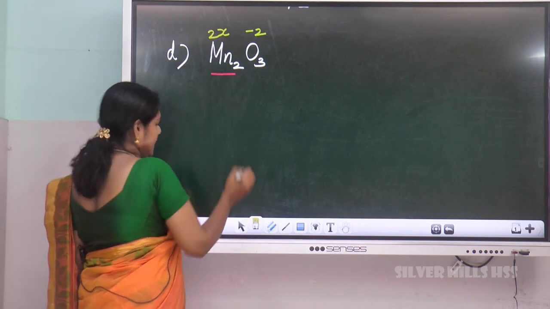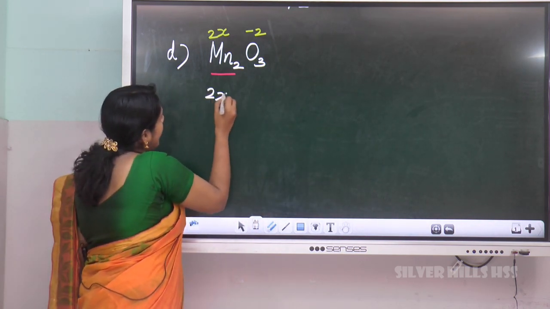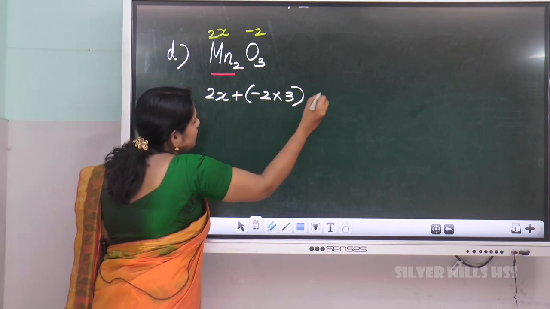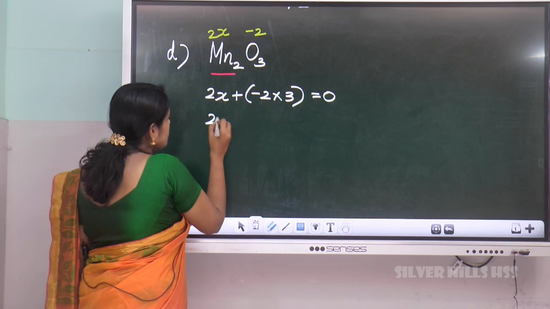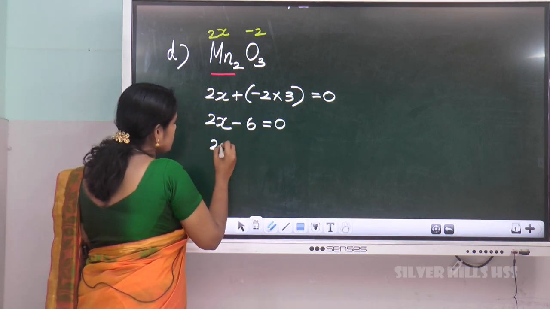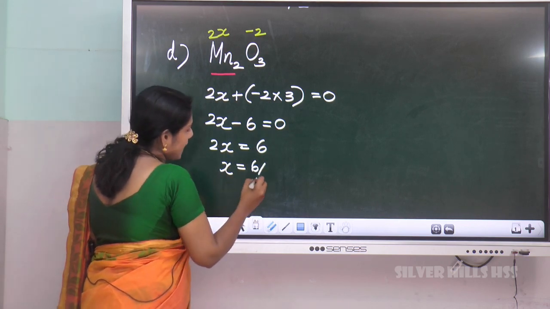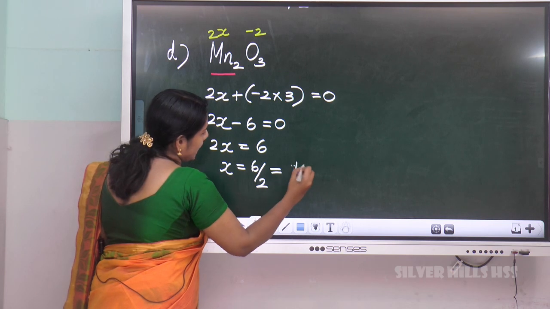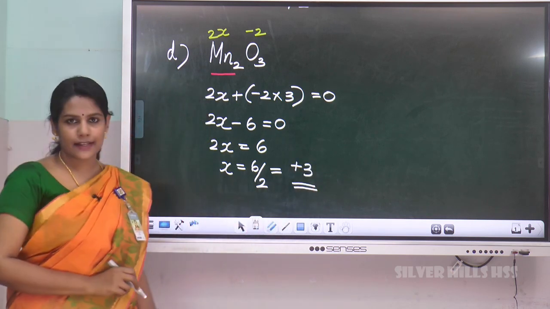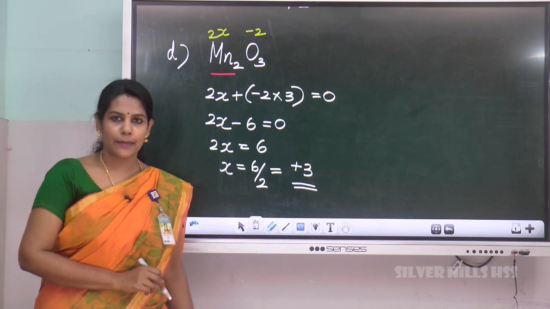Now let us calculate. 2X plus -2 into 3 is equal to 0. So 2X minus 6 is equal to 0. 2X is equal to 6. X is equal to 6 by 2, that is equal to +3. So this is the oxidation state for manganese. This is how you can calculate the oxidation number of unknown elements.